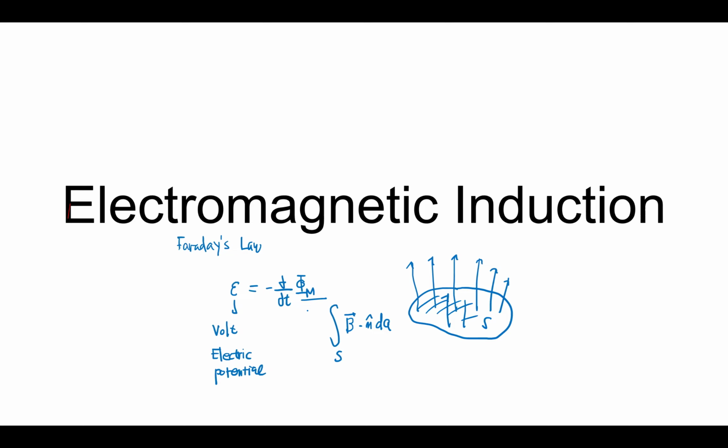So this is the magnetic flux. So note that it is the minus sign. The electromotive force is opposing the change in time of the magnetic flux.